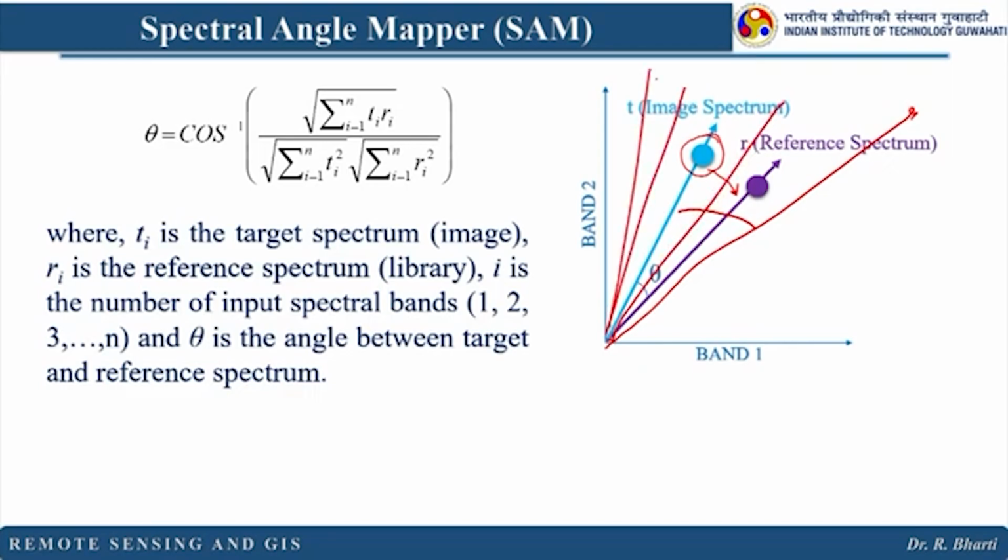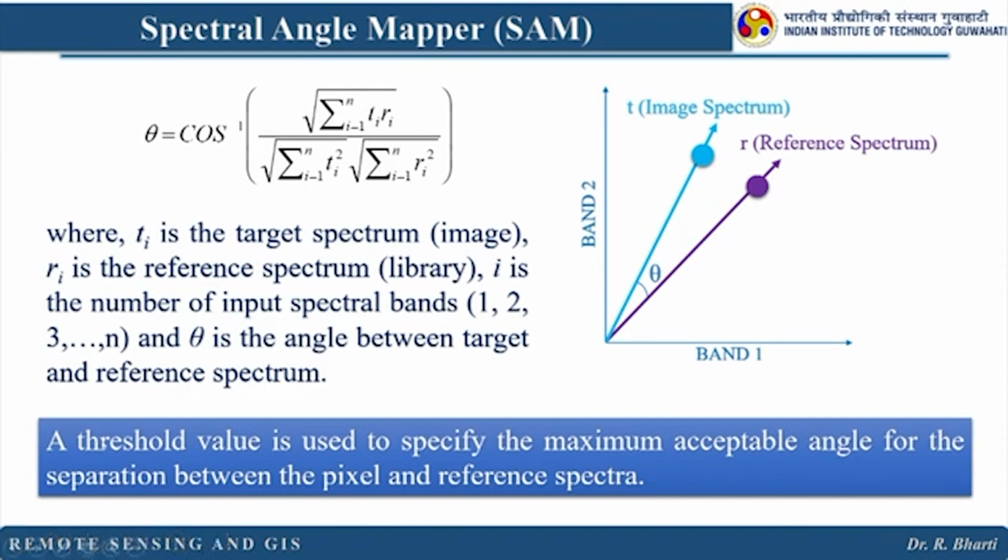Like that you will have maybe 10 or 15 reference spectra, or I will call them end members. With respect to that you will estimate this theta, and once this theta value qualifies your threshold value, only then will that pixel be assigned to that class.